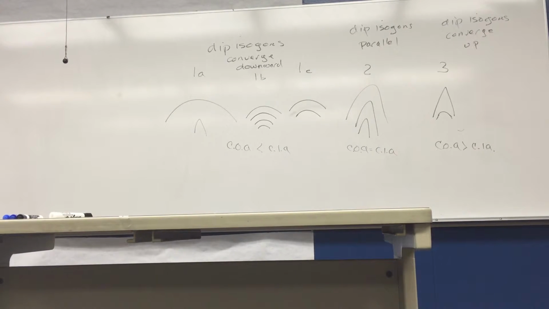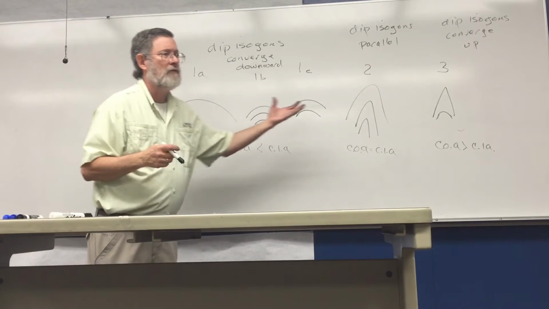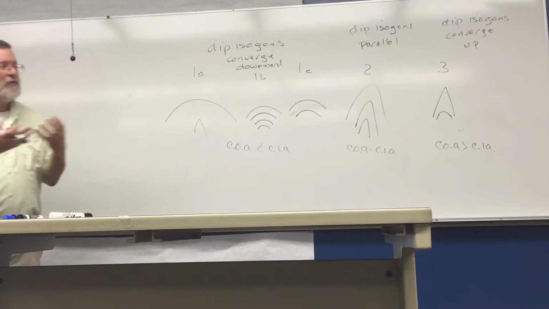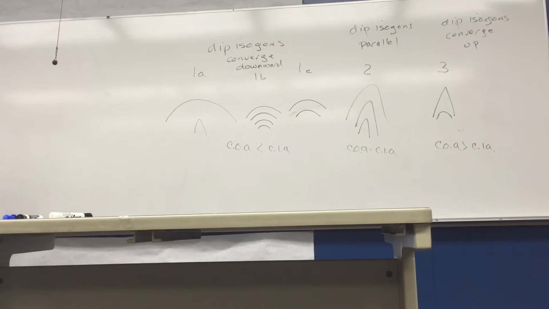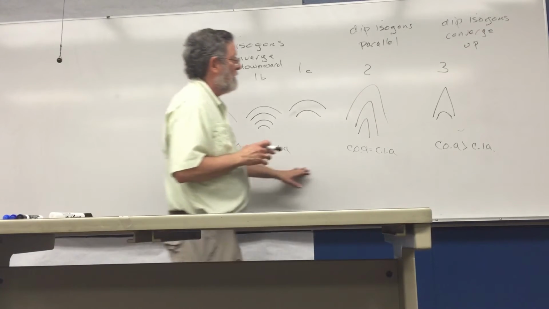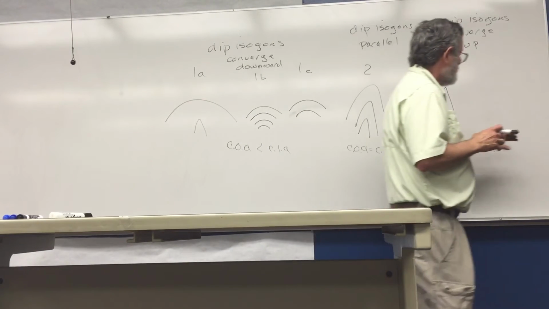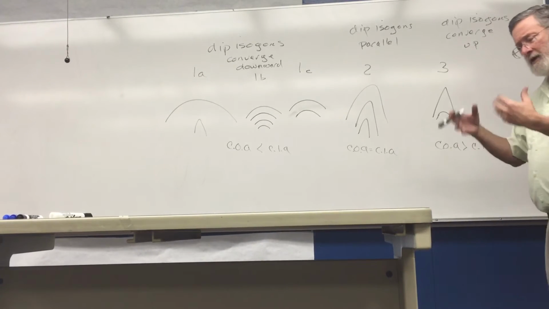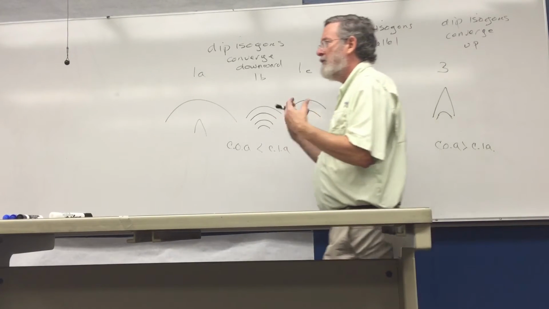And he went on to realize that you could do a detailed Fourier analysis of these fold systems, and the Fourier analysis came up with similar types of classification, similar types of clusters in a system. So the dip-isogen classification system can be very, very useful in trying to understand some of the basic geometries of the folds and in trying to understand, in some cases, how the folds form.